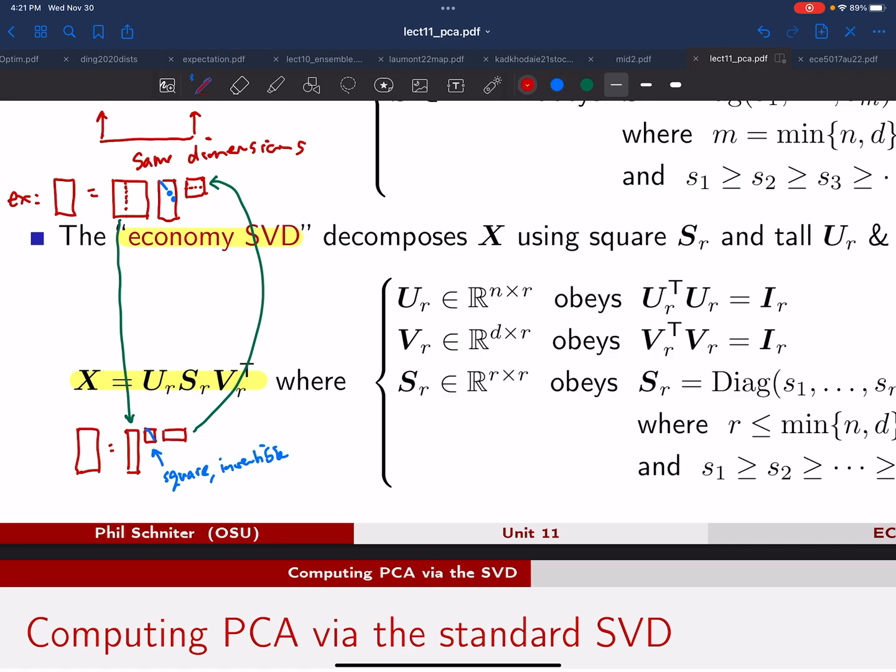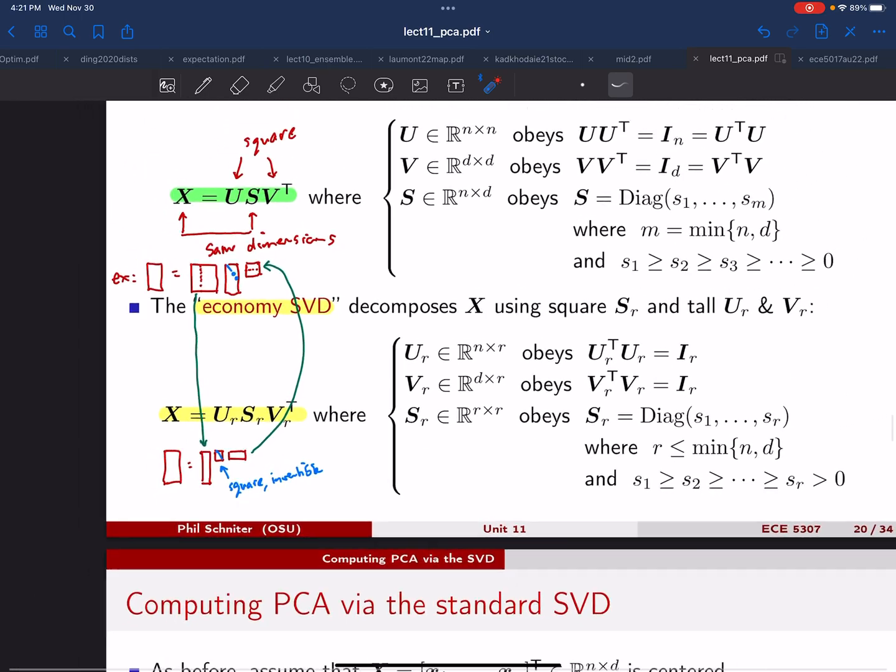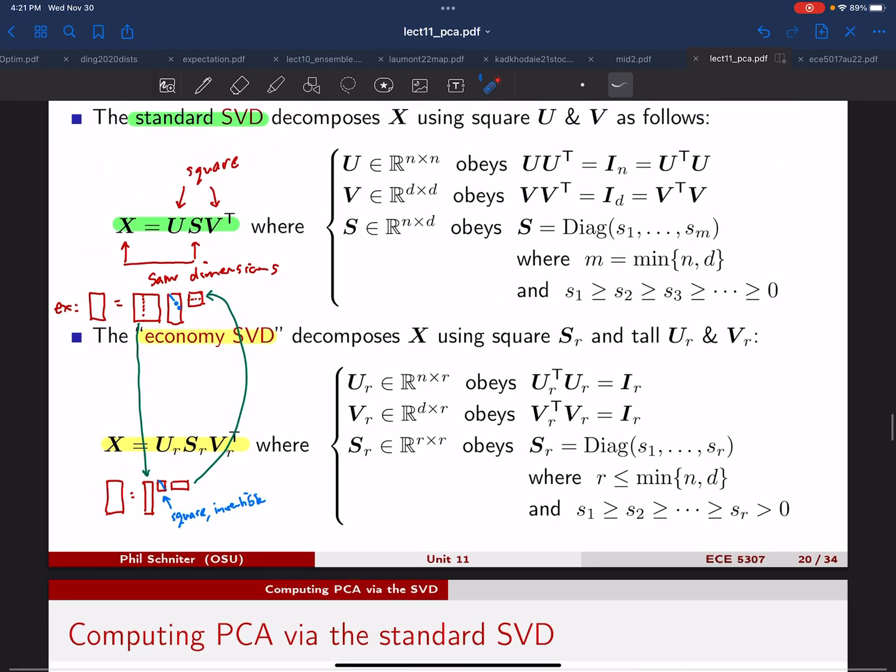These other matrices here, because they're built from these columns, we know that all the columns here are unit norm and they're orthogonal to each other. Same thing with these rows. These guys are all unit norm orthogonal to each other, but it's missing all of these other columns, and this guy is missing all of these other rows. Okay, so that's the difference between these two.